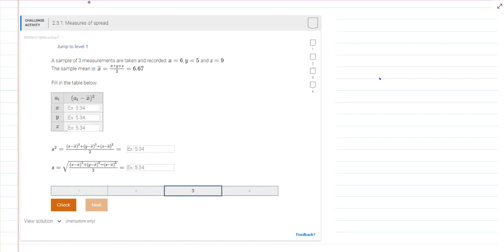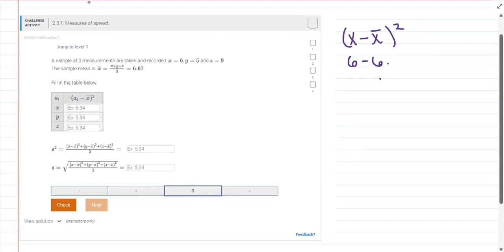So the first measurement we have here is going to be X minus X bar squared, which of course X is going to be 6, so that is going to be 6 minus 6.67 squared. Now that's going to give you a negative 0.67, and then we're going to square that.